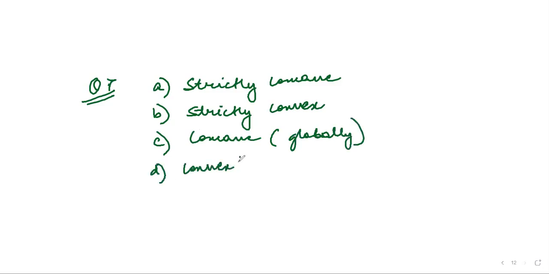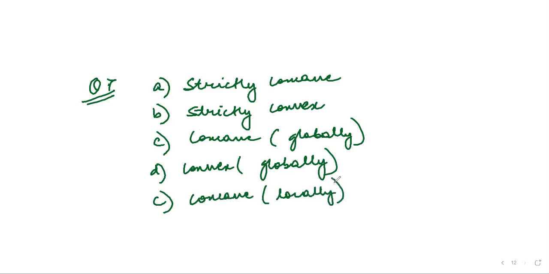Convex globally. Concave locally, may not be concave globally. Convex locally, may not be convex globally. Okay. At last, let's talk about a line.